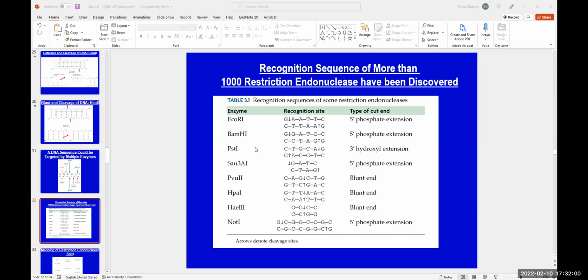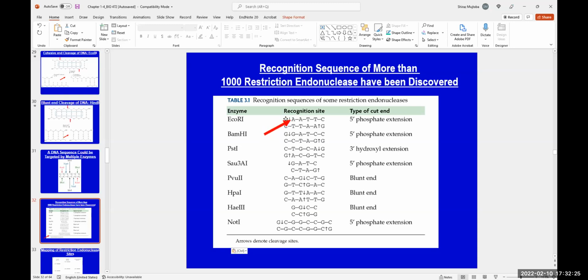So see here, EcoR1 acts at the site GAA-TTC. The bond it is cutting is between G and A, as I mentioned to you, but they are not at the same point in both the strands.